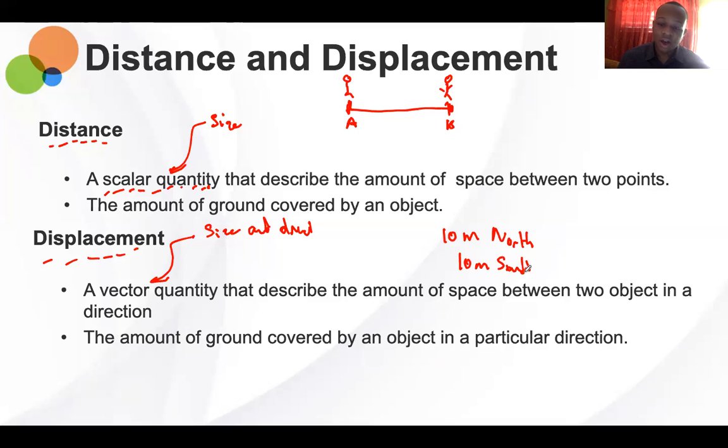So we always include the direction when we're dealing with displacement rather than distance. It is the amount of ground covered by an object in a particular direction.